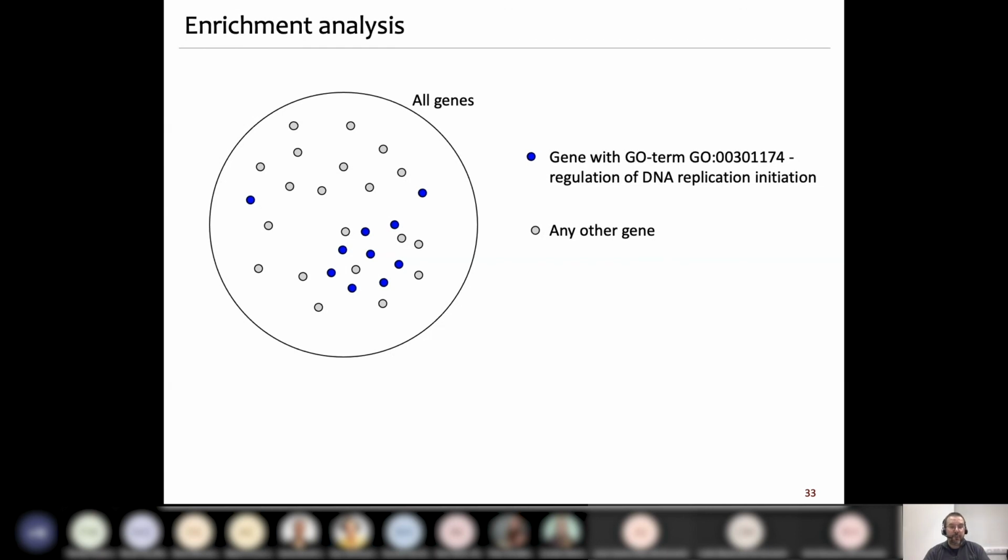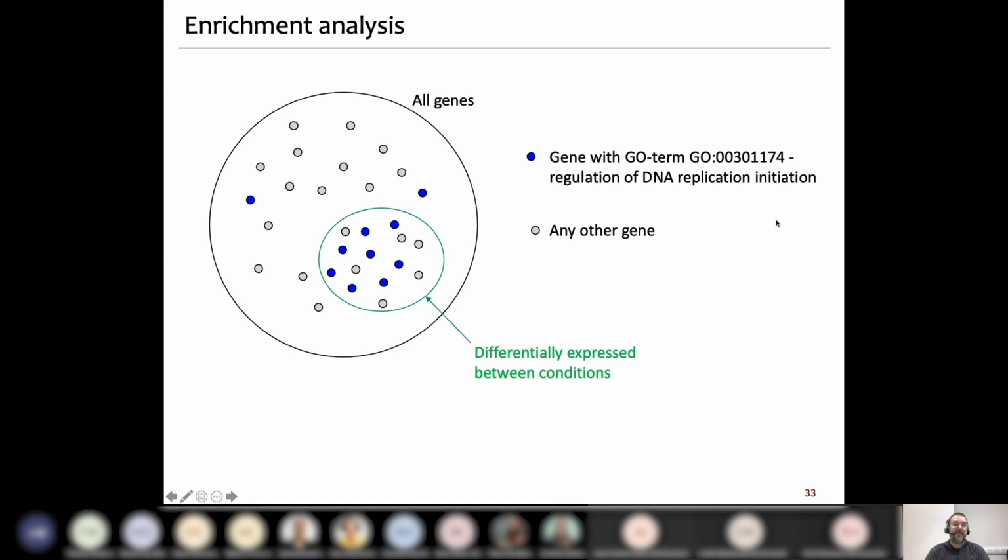For those of you who do not know what GO terms are, annotations, functional annotations, and many genes have multiple annotations related to the function. And in this case, we have several genes which are annotated with this GO term, regulation of DNA replication initiation. That means these are genes that are involved in this process.